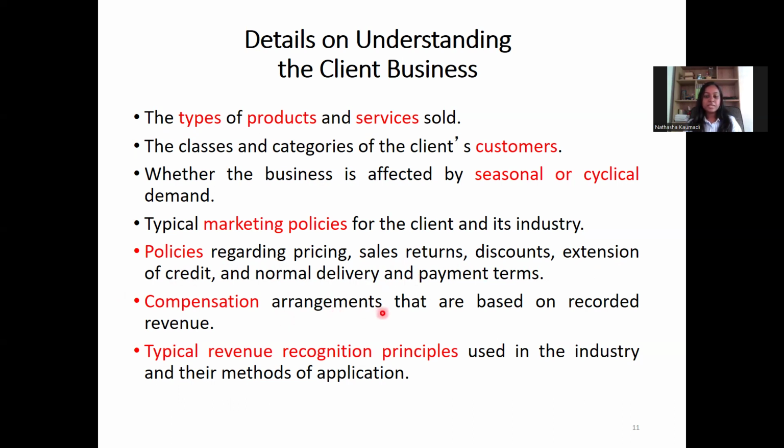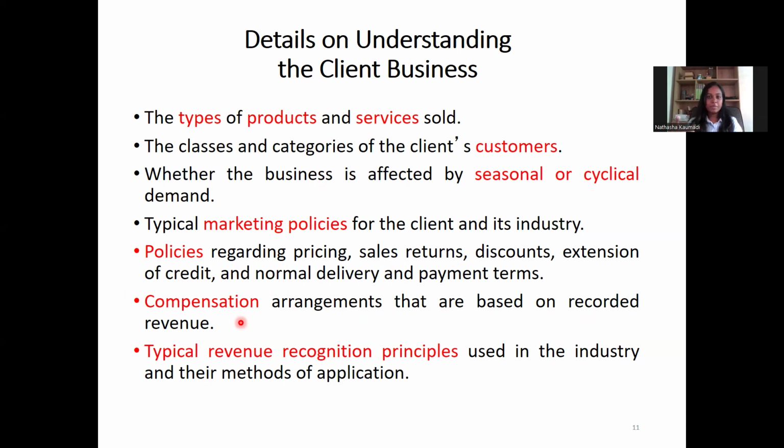Compensation arrangements that are based on recorded revenue. If there are any bonuses or incentives given on revenue, you need to know that. Why? It is very important because if incentives or bonuses are computed based on revenue, there can be situations where there's a high risk.